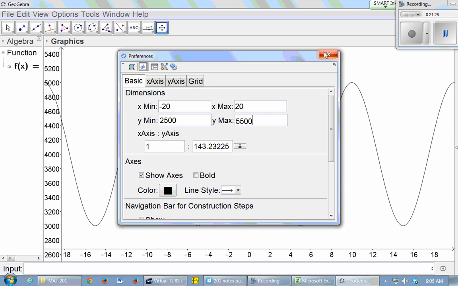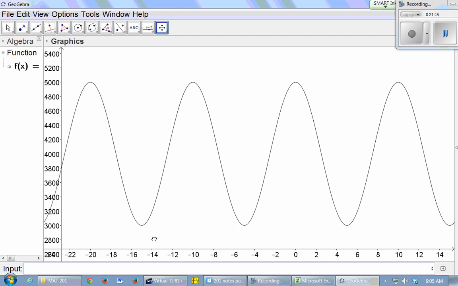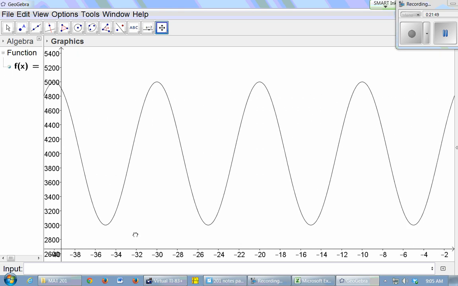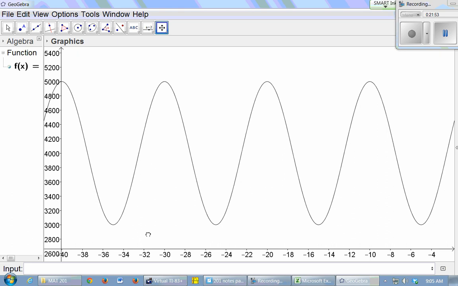There we go. Okay, so there's my sinusoidal function. Looks just the way I want it to. It hits 5,000 at 0. Wait, that should be a max. Oh, right, there we go. Because that's not my y-axis.